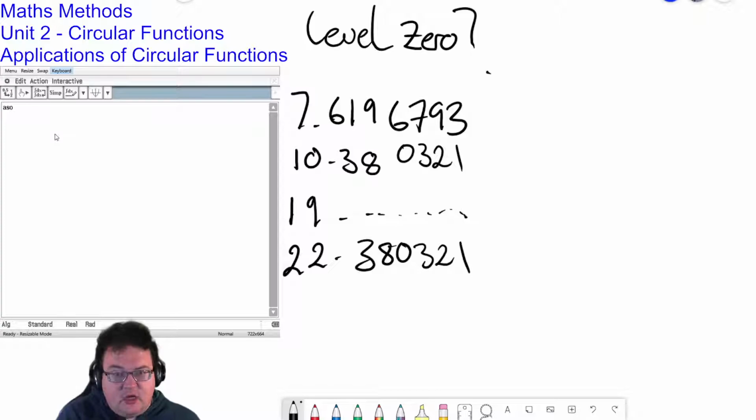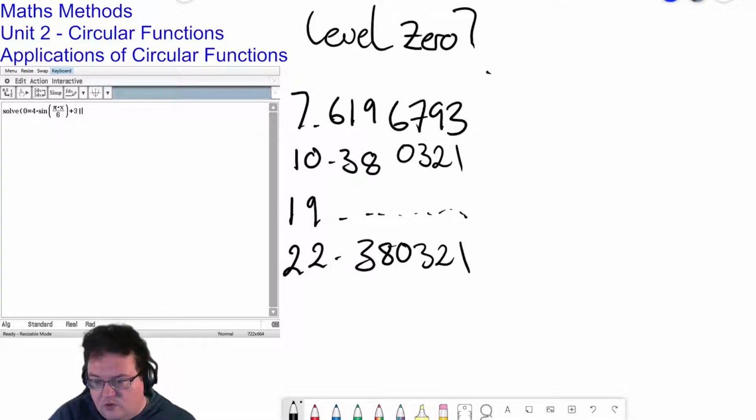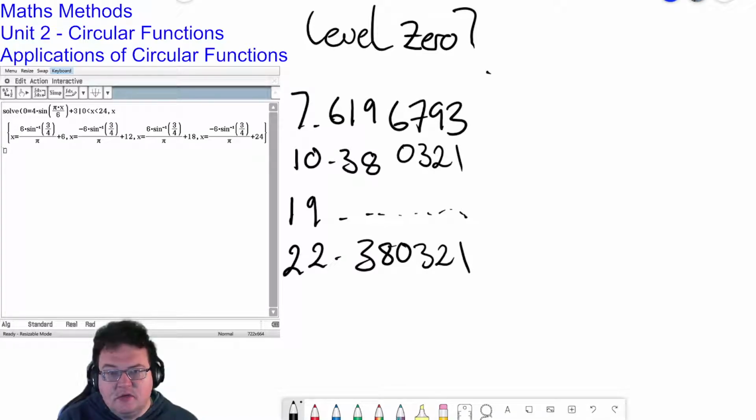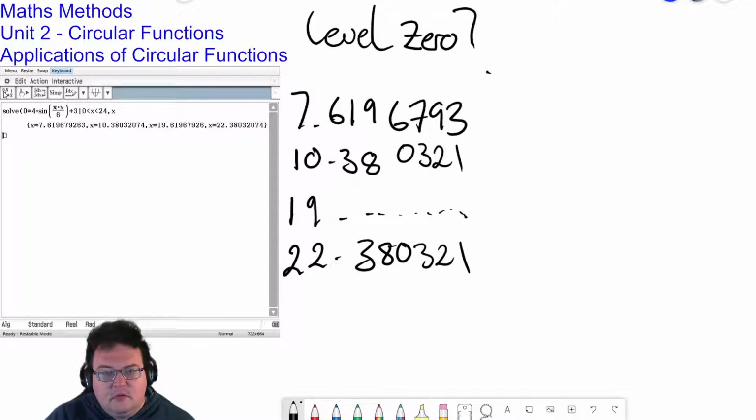And I'm going to go solve 0 equals, and what I'm going to do is solve it over the course of 0, 24, comma x, and it's going to give me the points there.